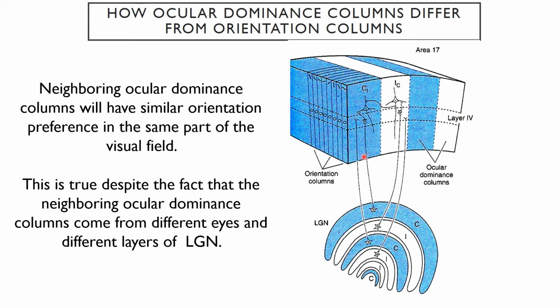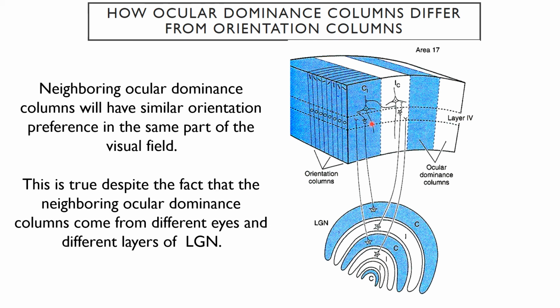The eyes are separate. But if you move over just a little bit to the next, sorry, not orientation column, to the next ocular dominance column, then this eye will be sensitive to a similar orientation, but it'll be the other eye that is driving activity in this particular orientation column. So we have organization of the different eyes, and that's referred to as ocular dominance columns.